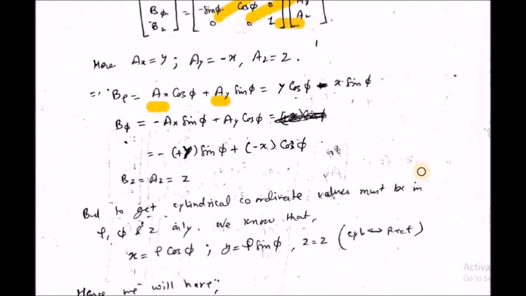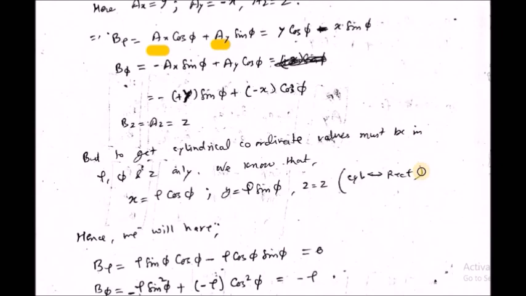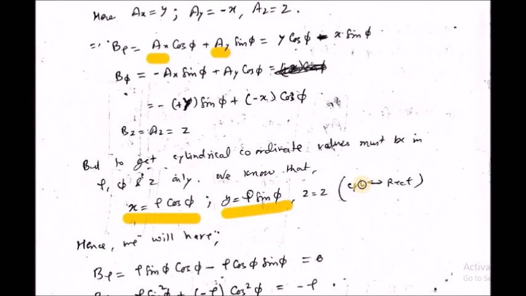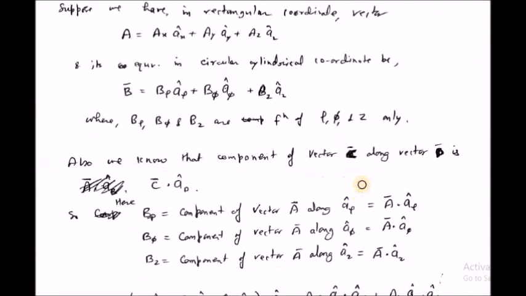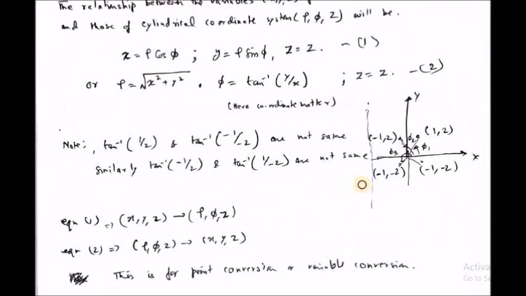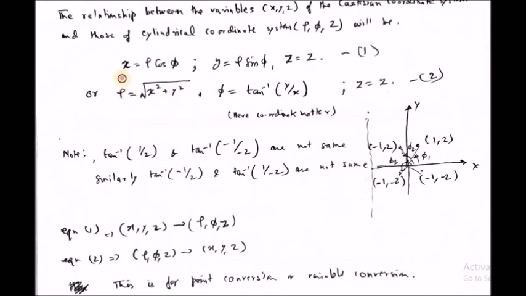And I know the relation between rho, phi, z and x, y, z: x is rho cos phi, y is rho sin phi, and z is z.